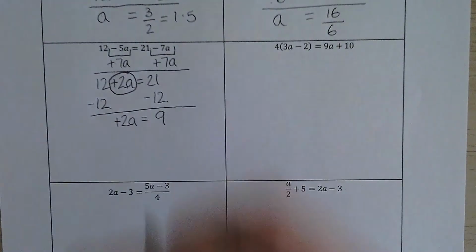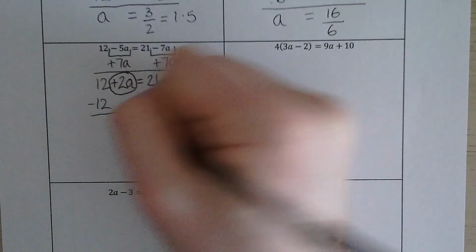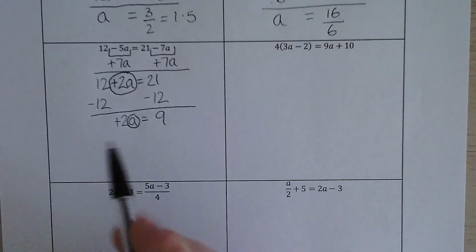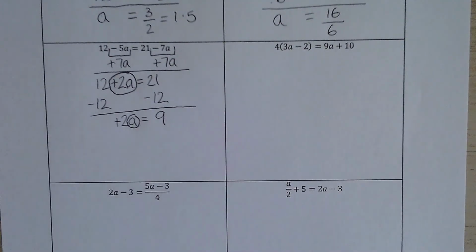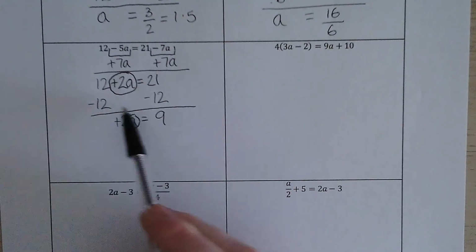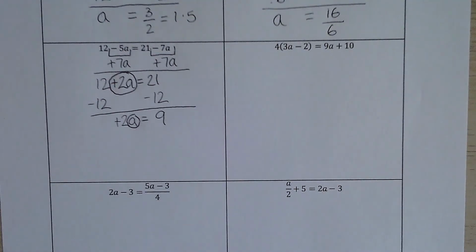We now need to isolate the variable, which means I need to just get a by itself. So what would I do here to undo this from our 2a? You need to be careful here. The plus 2a just means that it's a positive 2, but it doesn't mean we're adding 2 to a.